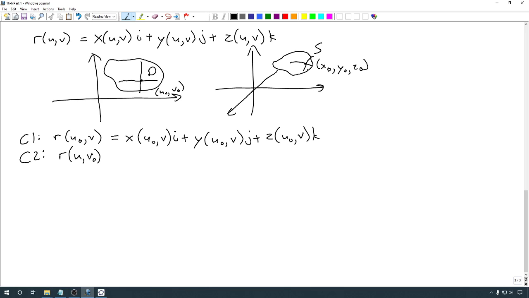So in this particular picture, assuming we have the same orientation, where we've taken this thing here and pulled it up into three-dimensional space, we can say that this one here is C1, the one going this way, and the one going across is C2.